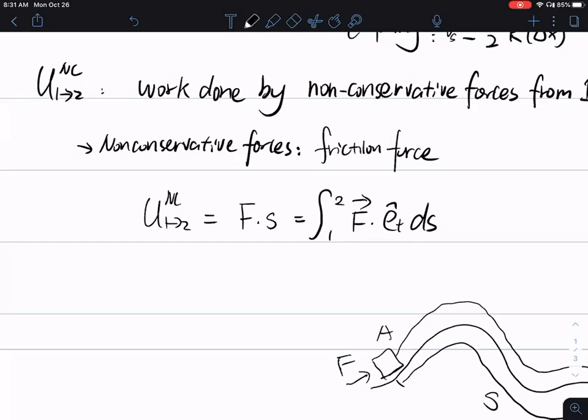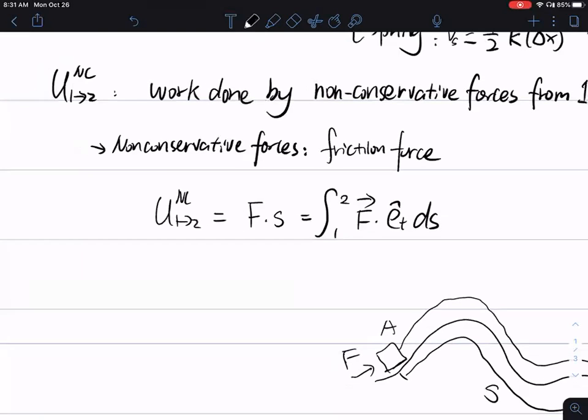If we have other situations, we can tell you which one is non-conservative force. But friction force would be the classic non-conservative force in this course.